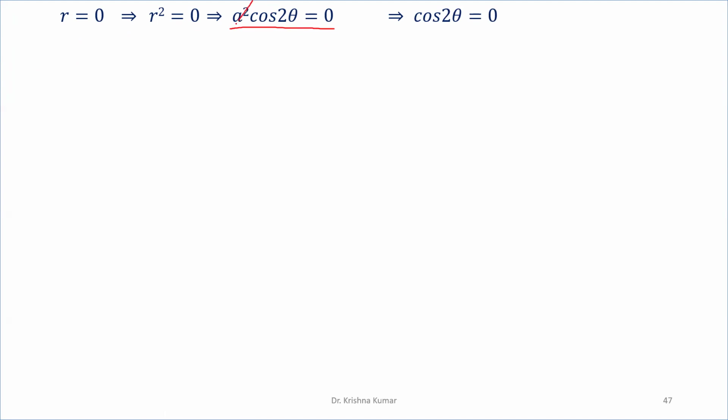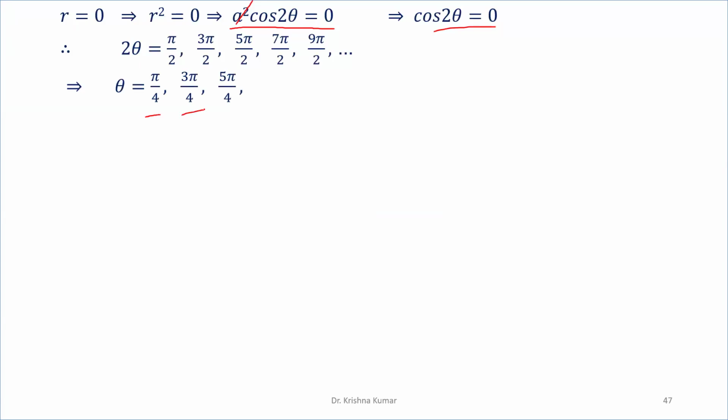Since a square cannot become 0, we have cos 2 theta equal to 0, and 2 theta equal to pi by 2, 3 pi by 2, 5 pi by 2, 7 pi by 2, 9 pi by 2, and so on. These are the different values for which cos 2 theta equals 0. So what is the value of theta?